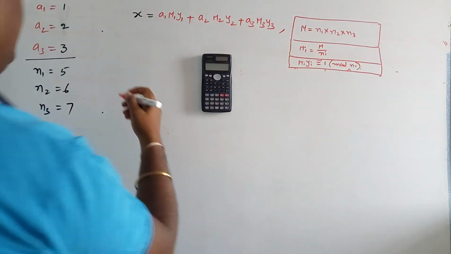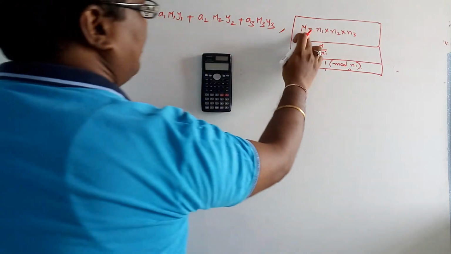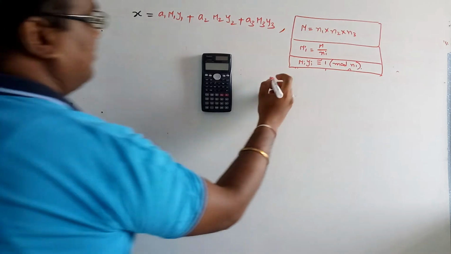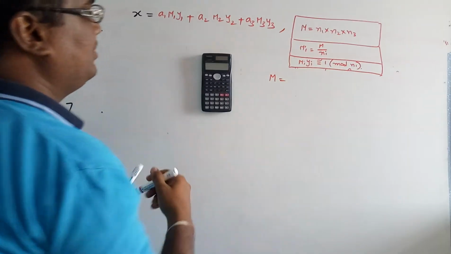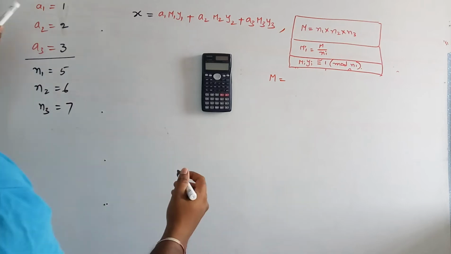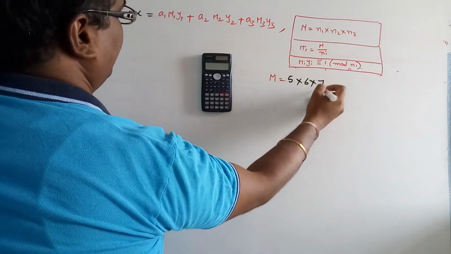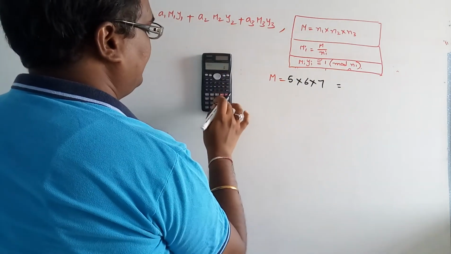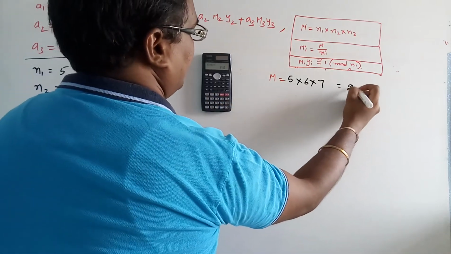First I find capital M. Capital M is equal to N1 into N2 into N3, which is 5 into 6 into 7, equal to 210.